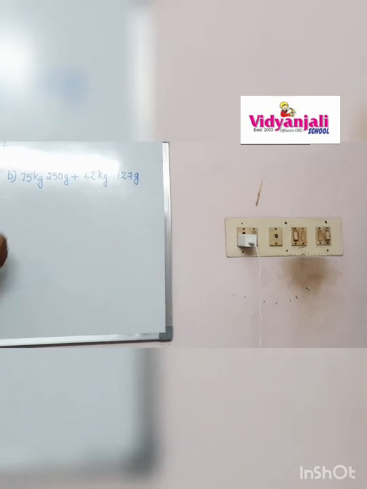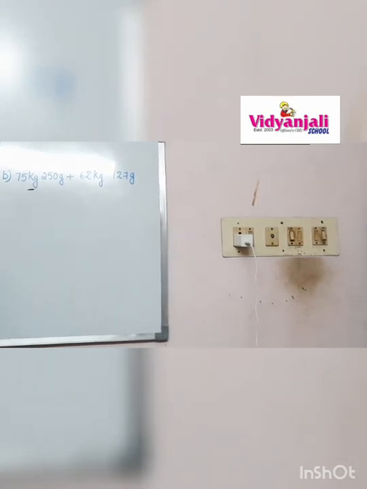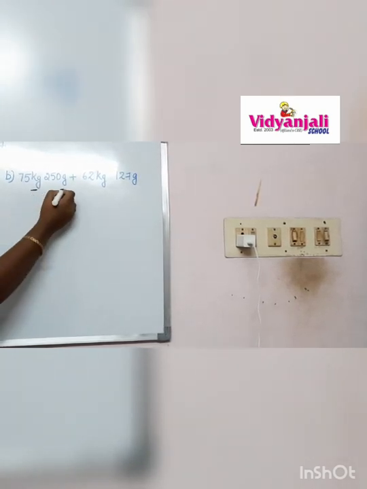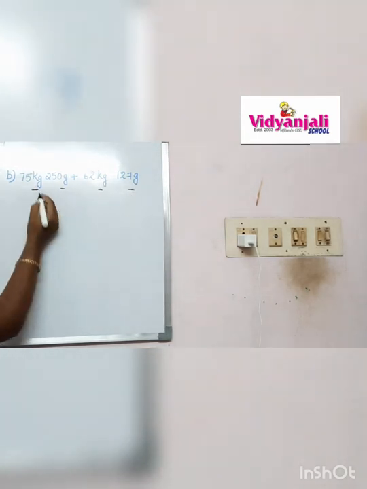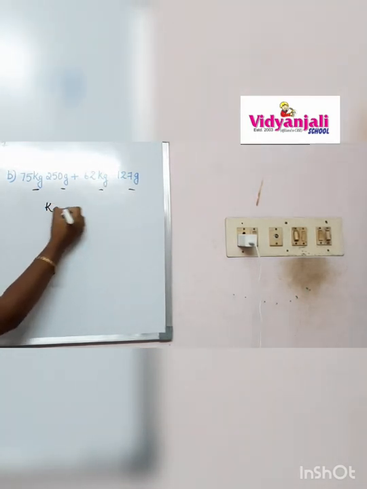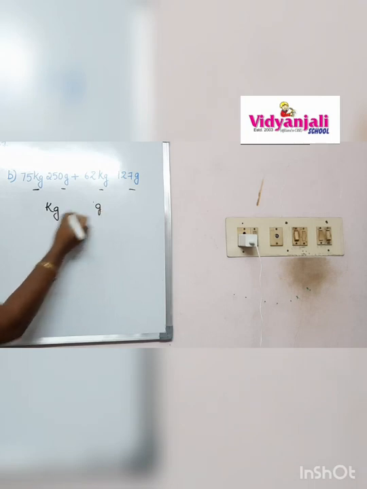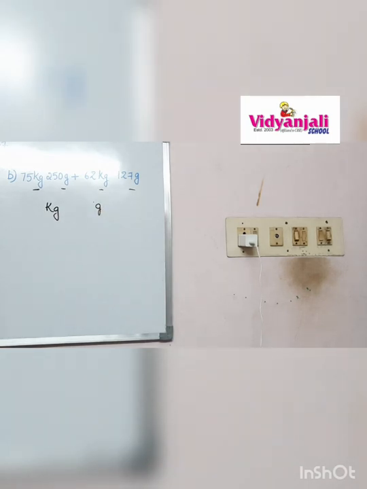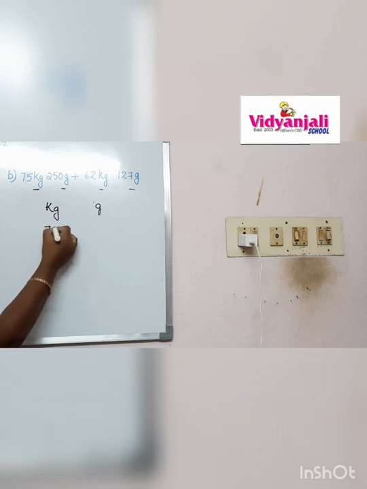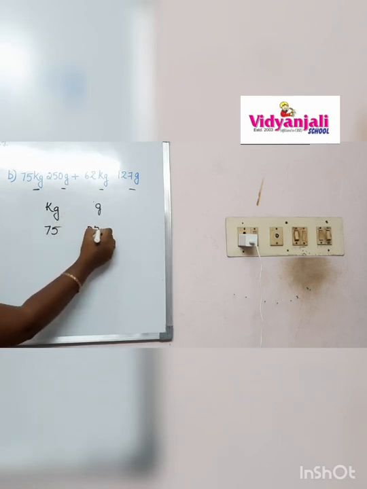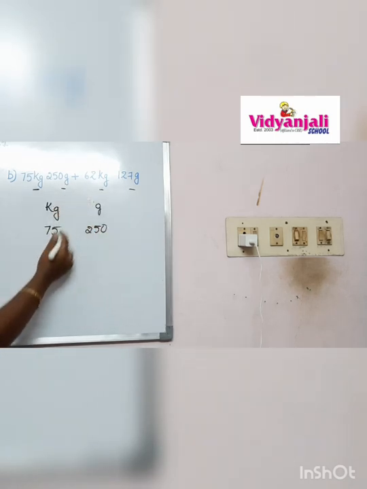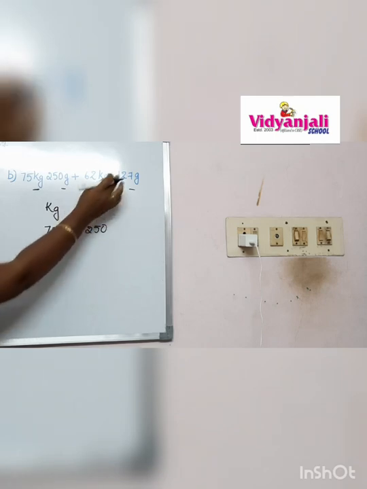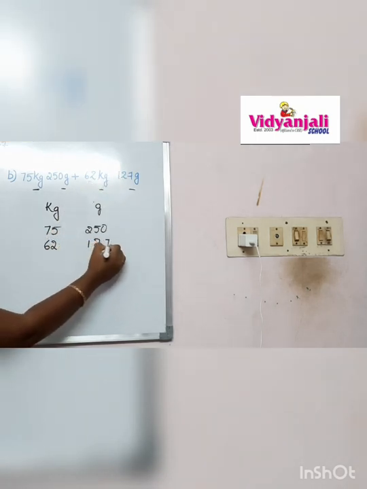Now coming to the B1. Here they have given us the units in the measurement of weight, that means kgs and grams. So what we have to do is separate kgs and grams. How many kgs? 75 kilograms and 250 grams, plus 62 kgs 127 grams.